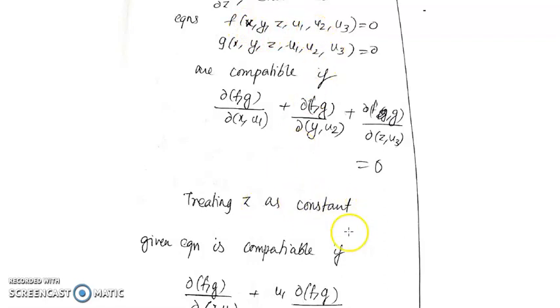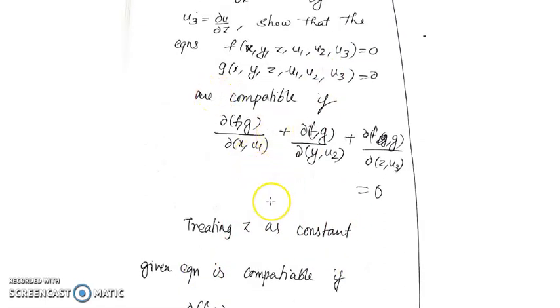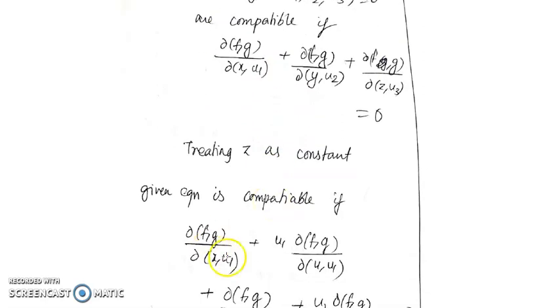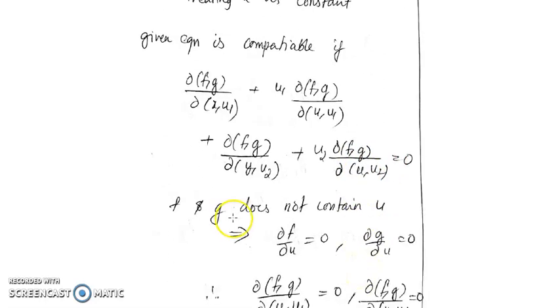So if z is considered as a constant, then this equation is compatible if dou of fg by dou of xu1 plus u1 into dou of fg by dou of u u1 plus dou of fg by dou of yu2 plus u2 into dou of fg by dou of uu2 is equal to 0.